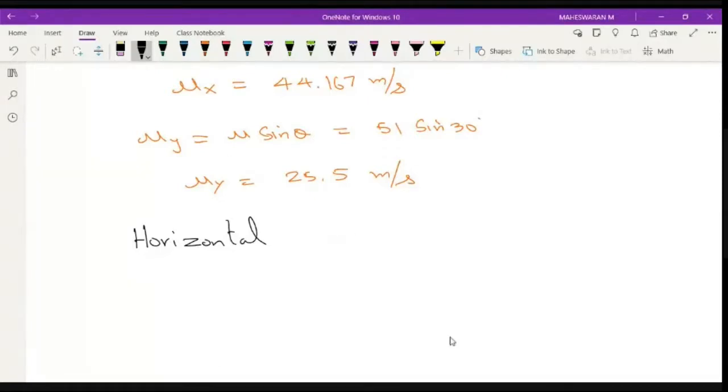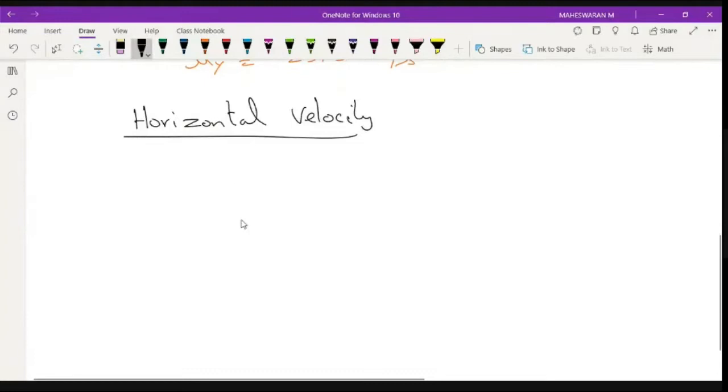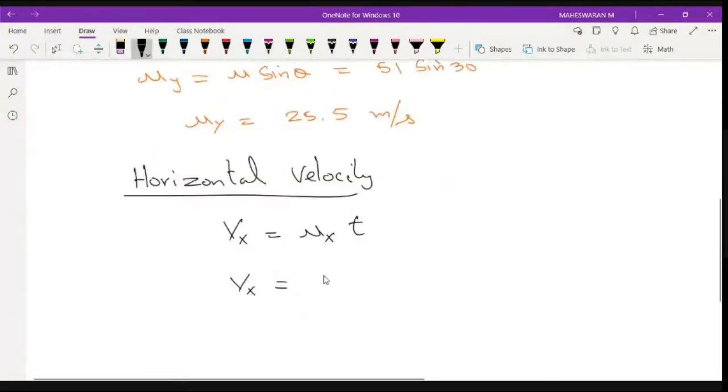So let us consider the horizontal velocity. We will consider the three formulas. First formula, v is equal to u plus at, which means vx is equal to ux, and ux is what we identified, 44.167.